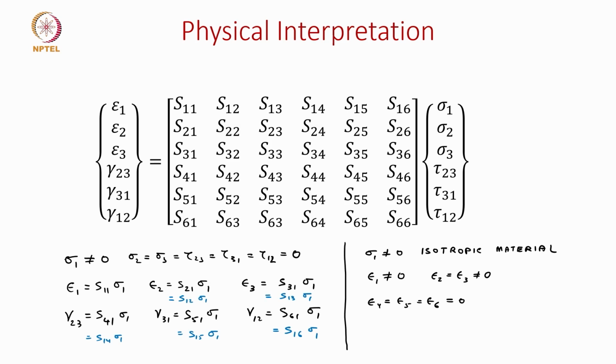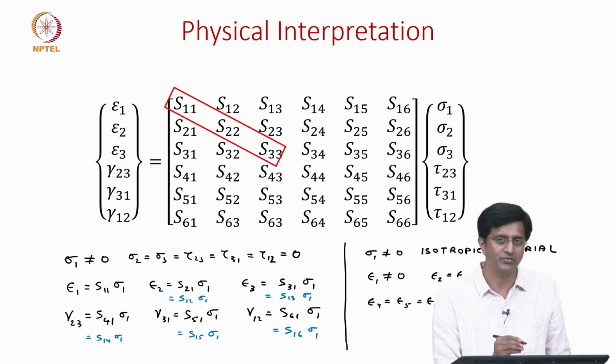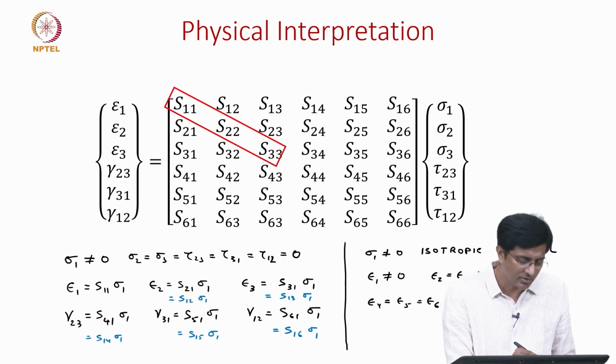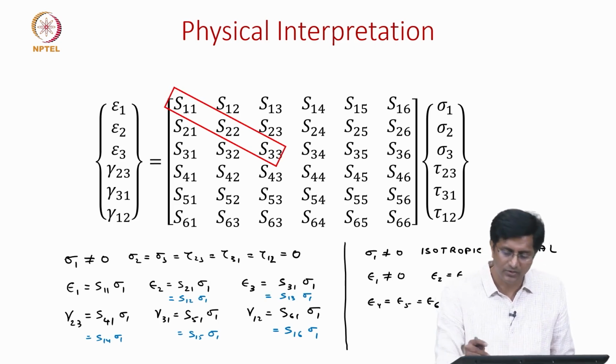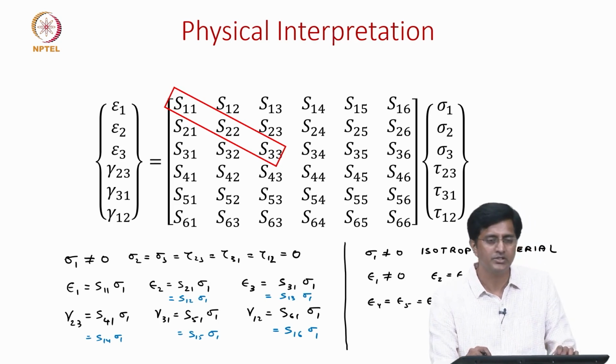But now let us try to get a sense of these from this figure. What do these terms S11, S22 and S33 signify? For example, S11 signifies that if you are applying a load in direction 1, what is the contribution to the corresponding strain in the same direction. If your loading is in the second direction, S22 will bring you the strain in the second direction.